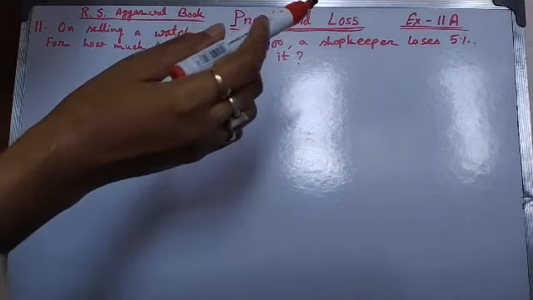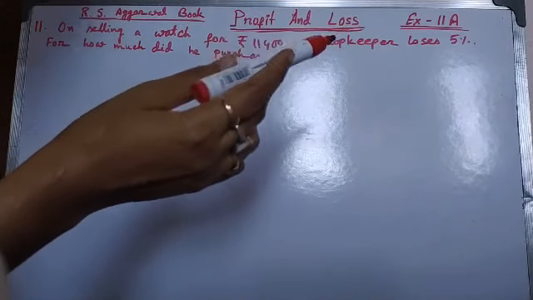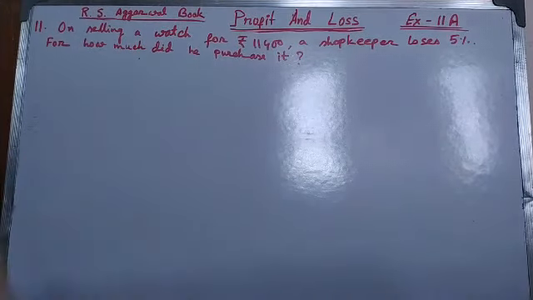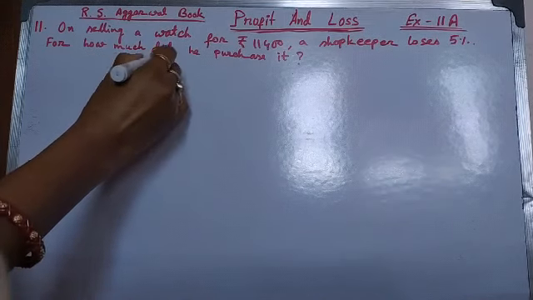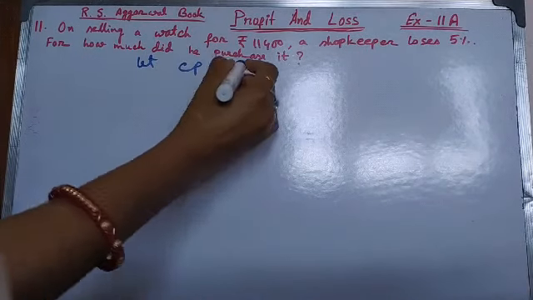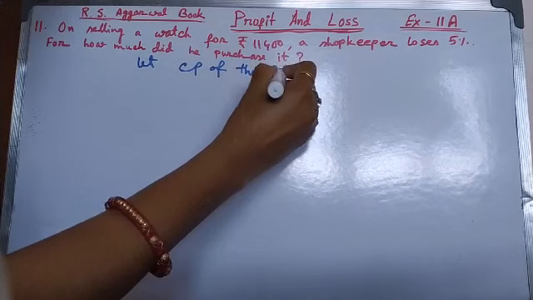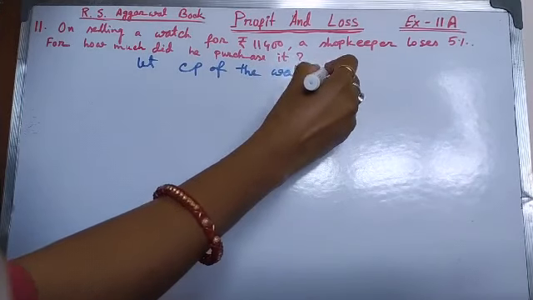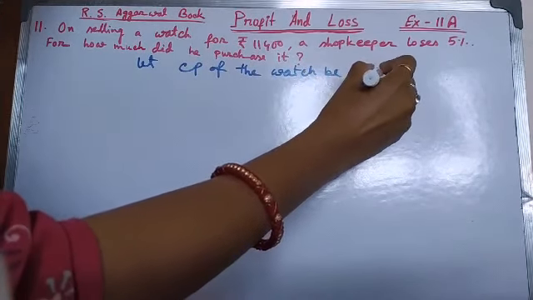So here loss is 5%. That means let CP of the watch be rupees 100.